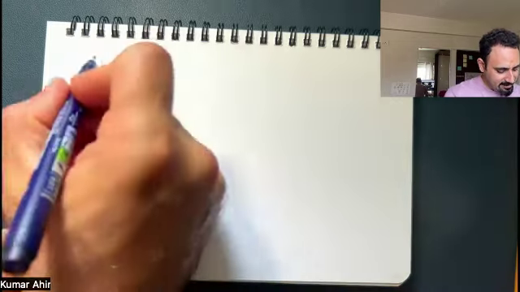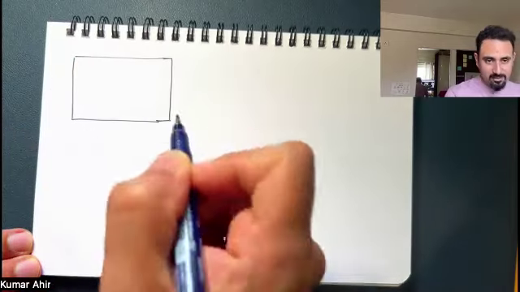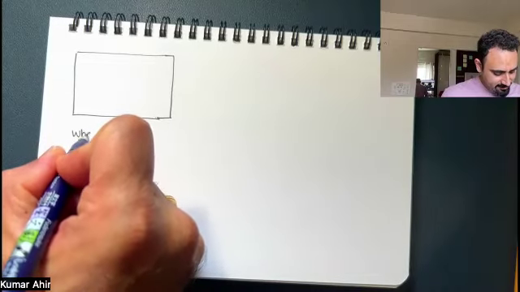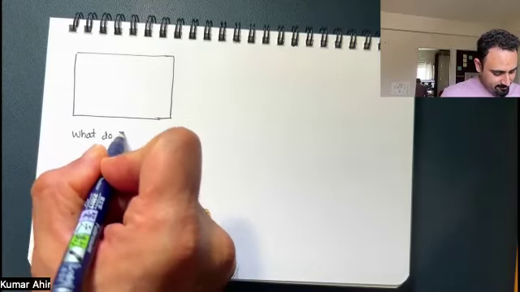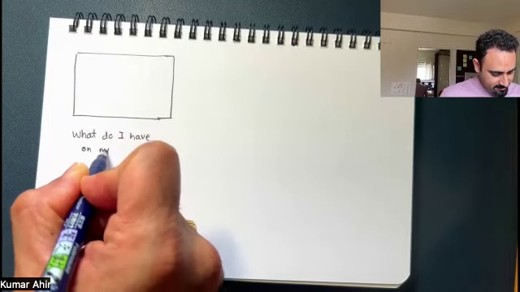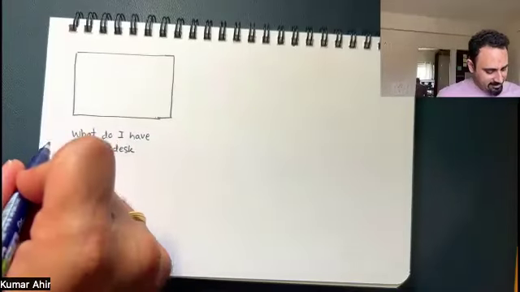Let's say this is my desk. So the first thing, what are the facts? What do I have on my desk? That's the first set of facts that we'll collect.